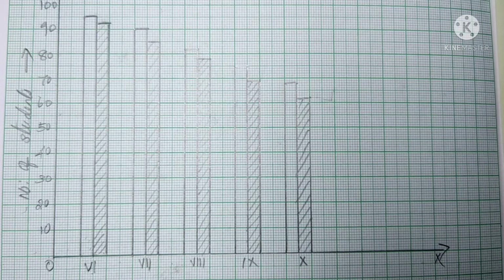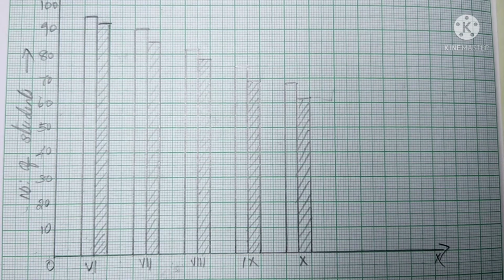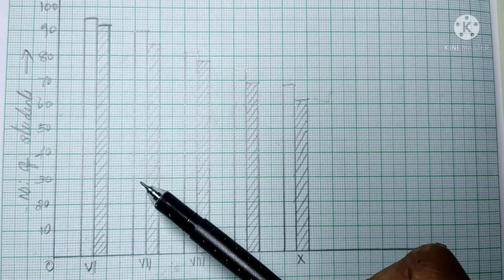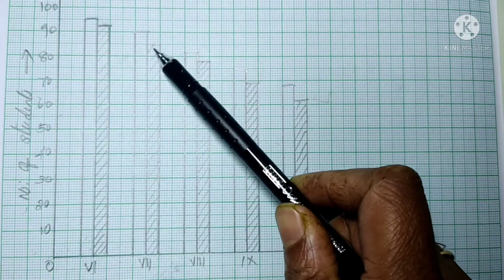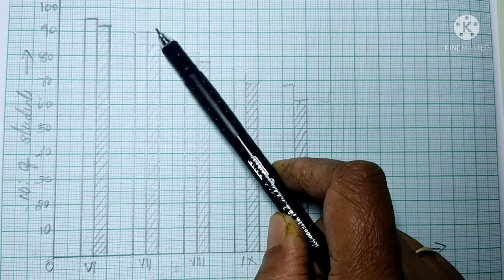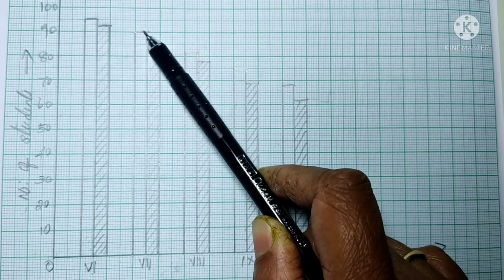Second question, find the ratio of students present to the total number of students in class 7. Listen, the number of students present in class 7 is 85 and the total number of students in class 7 is 90.